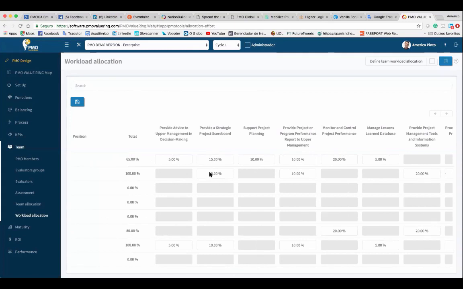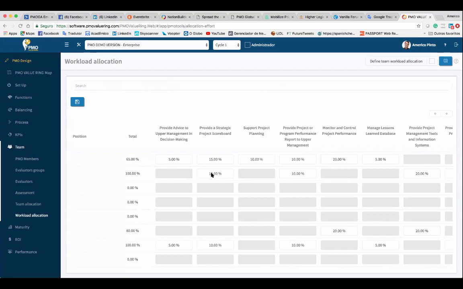And what is this 15%? Have you ever heard about the concept of full-time equivalent, FTE, okay, full-time equivalent. Let me write it. This concept comes from, again, the business process management area.